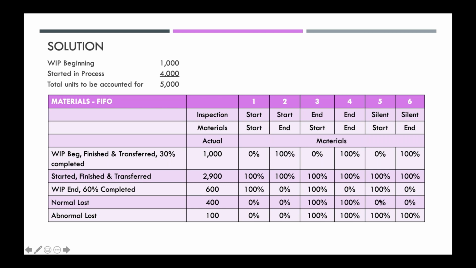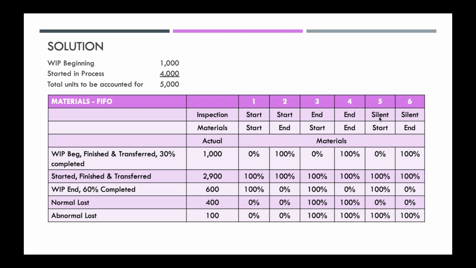Okay. Yung normal loss, bakit zero? Pag silent at the start. So if at the start, meron nang loss, wala na siyang ilalagay pang materials. Okay, hindi na siya nalagyan ng materials because we assume the inspection point is at the beginning of the process, so therefore wala na siyang dapat pang ilagay ng materials.